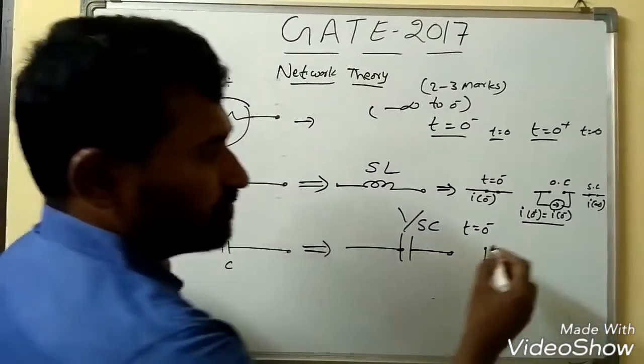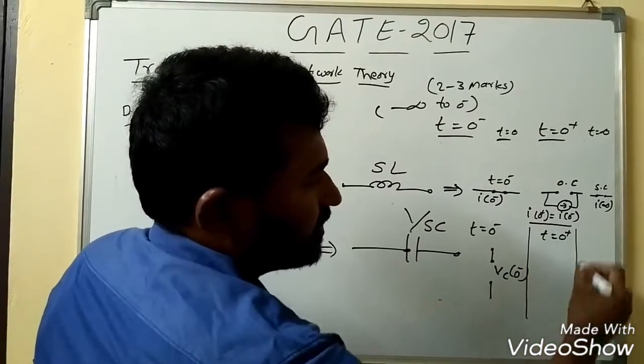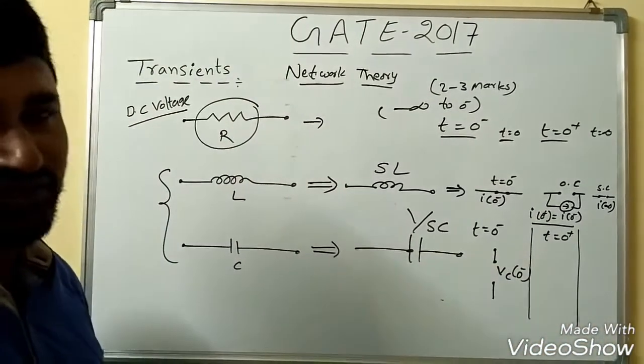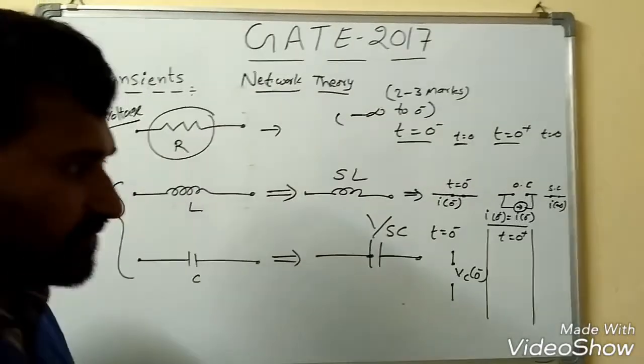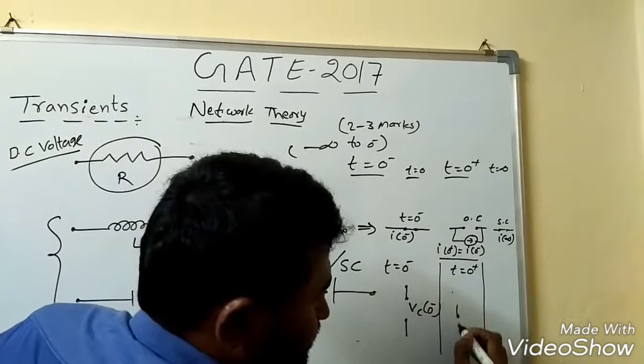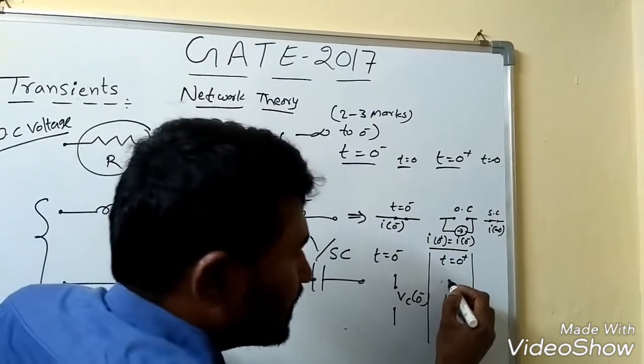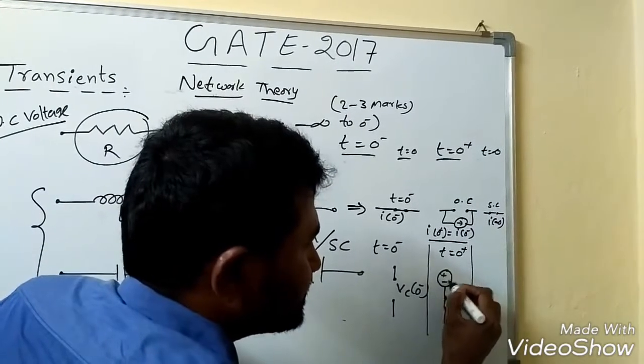Now at t equal to 0 plus or t equal to 0, the moment we apply a sudden change, it should oppose. That means it will behave like a short circuit. But already some voltage is there, so that voltage will be in series.